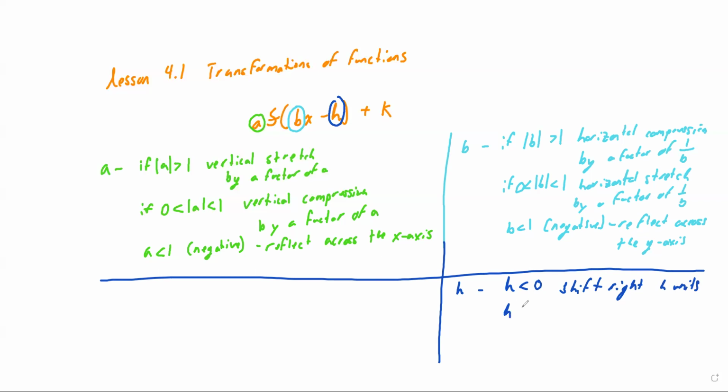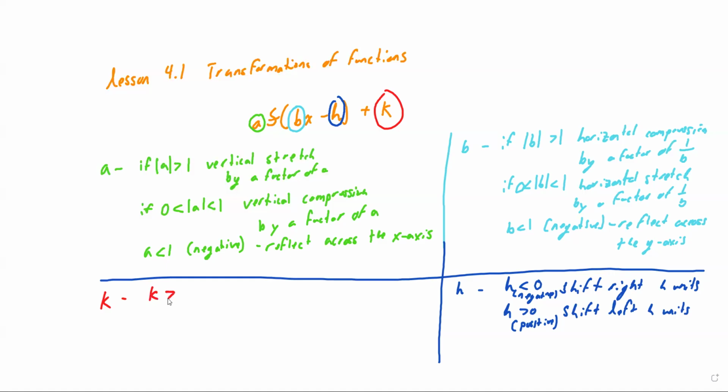And if H is greater than 0, so again, the previous one meant negative, this is going to mean positive, this is going to shift left H units. So again, it still deals with your horizontal movement, but this time still doing that opposite. All right, last one is your K. And this one's going to be a normal one, just kind of like A was.